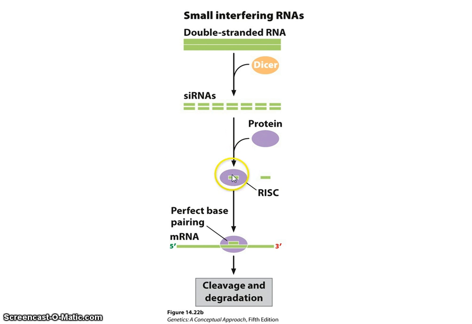These fragments then become single-stranded and incorporate with a protein into a ribonucleoprotein called RISC, which is the RNA-induced silencing complex. And this RISC ribonucleoprotein recognizes the messenger RNA, because this small interfering RNA has perfect complementarity with the messenger RNA that it's targeting.